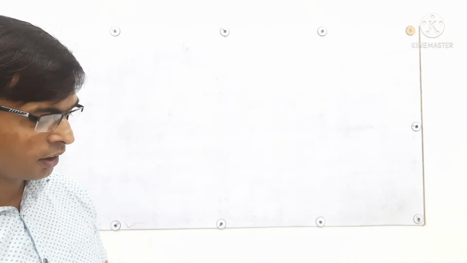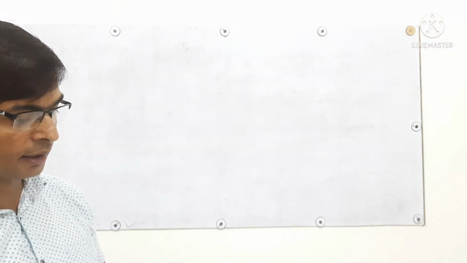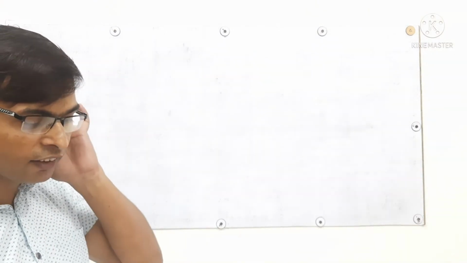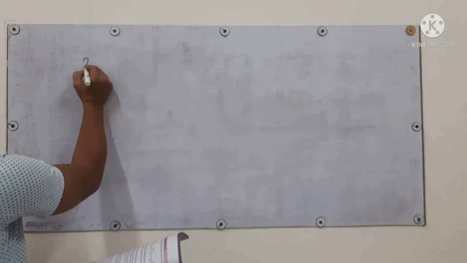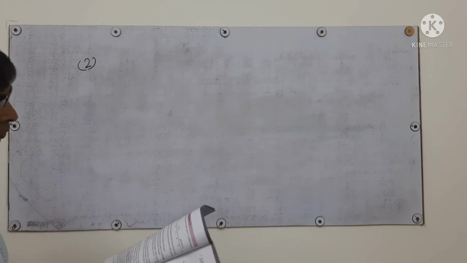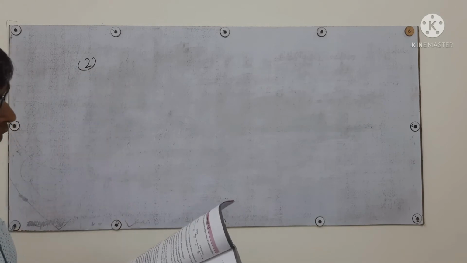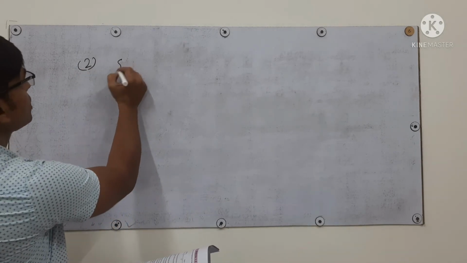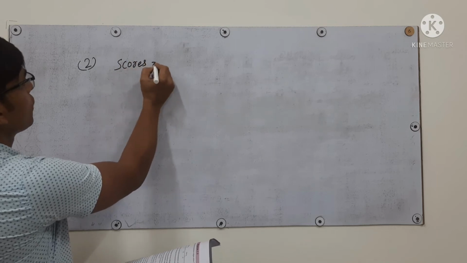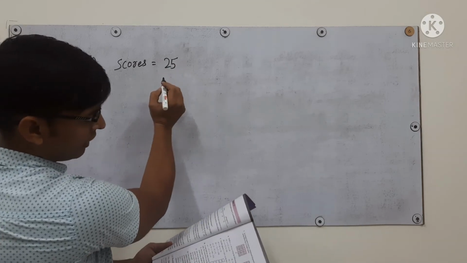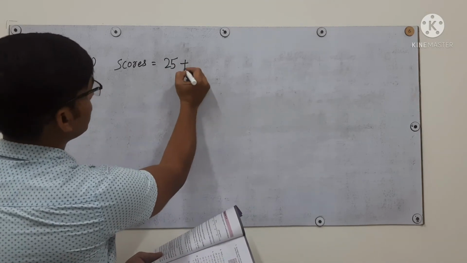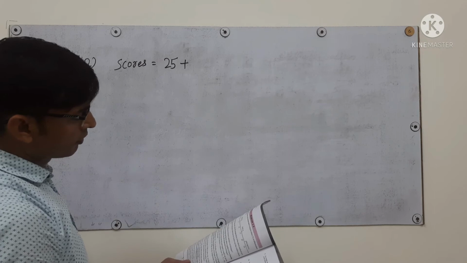So the 5 successive round scores are 25, -5, -10, 15 and 10. I am writing question number 2 here. So what will the scores be? The scores are given as 25, -5, -10, 15 and 10.